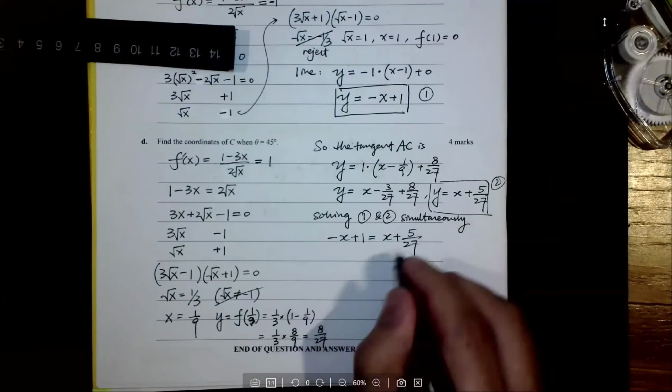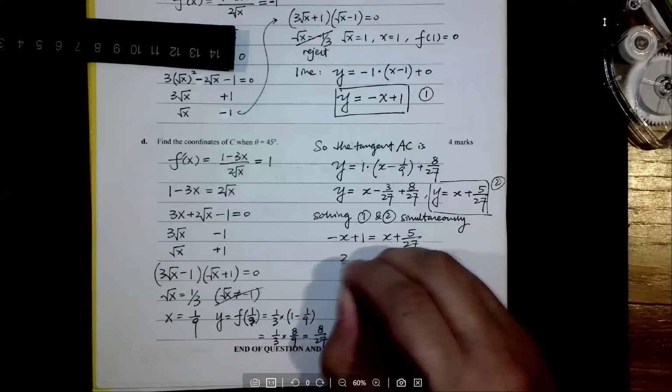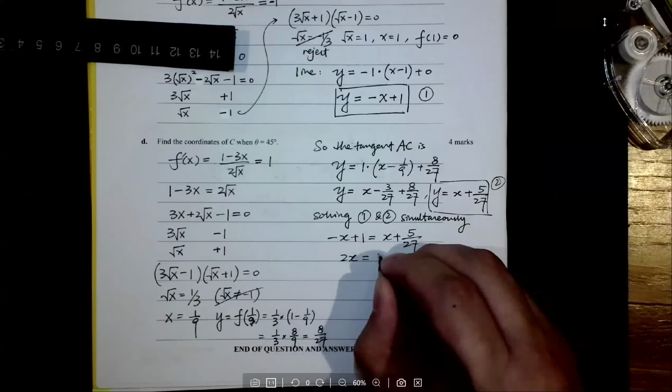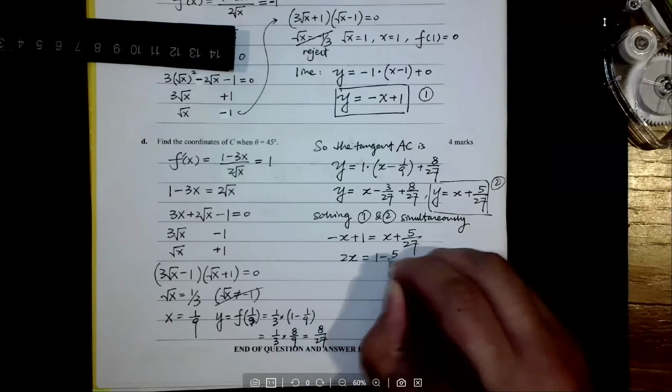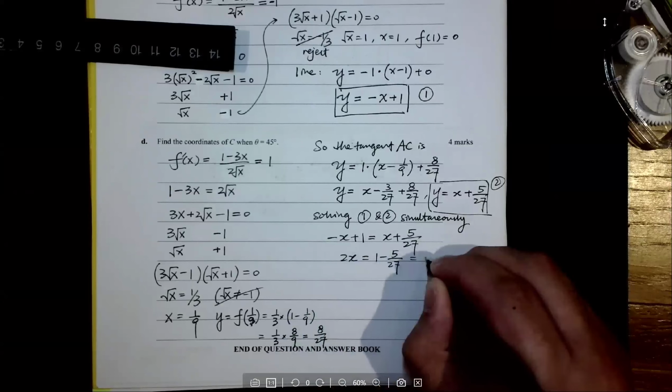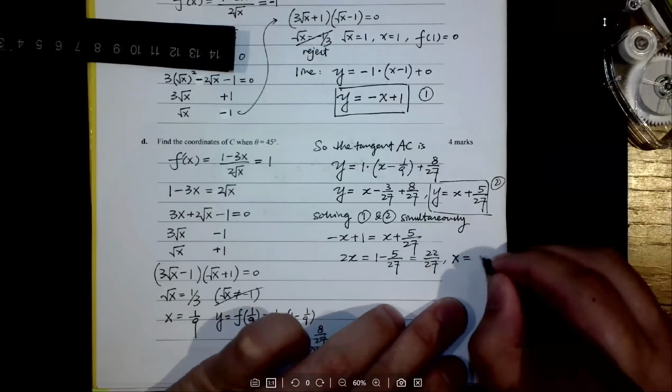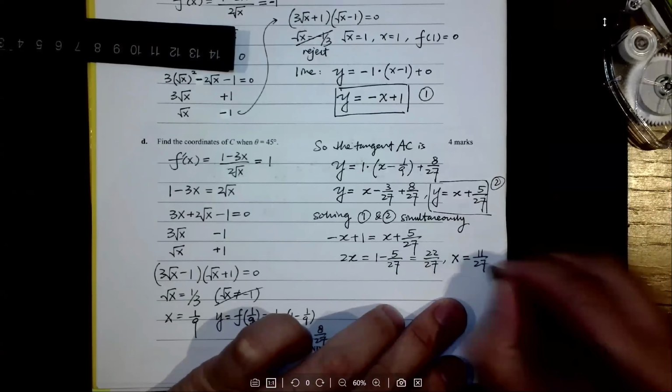You just rearrange, you get a 2x, both sides add in x, 1 take away 5/27. That is 1 take away 5/27. 27 take 5, 22/27. So therefore, x equals to 22 divided by 2, 11/27.